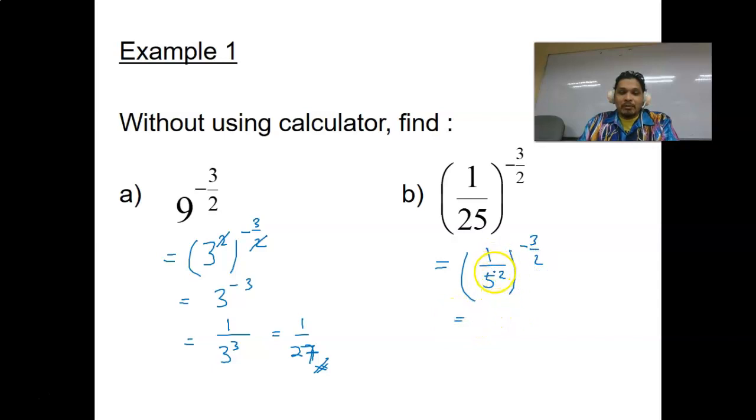Bringing this above, it becomes 5 to the power of negative 2, to the power of negative 3 over 2. Negative times negative is positive, so 2 divided by 2, and what's left is 5 to the power of 3, which is 125. As simple as that. That's the beginning of our discussion for this morning.